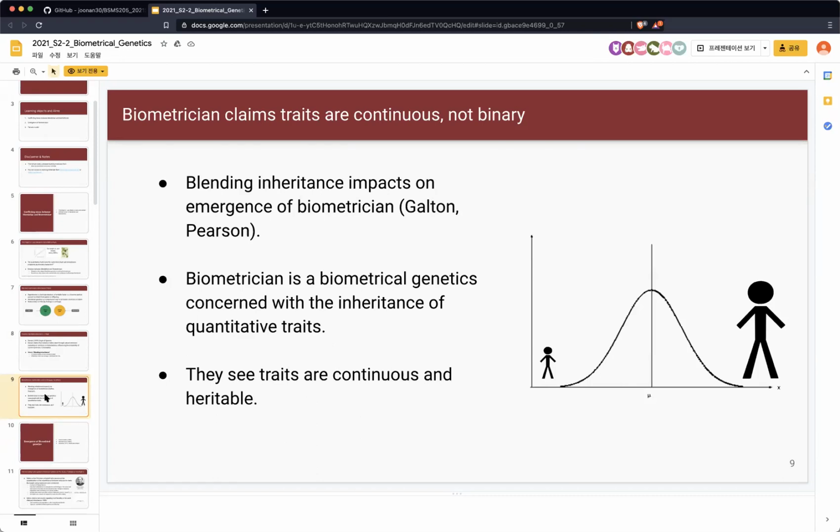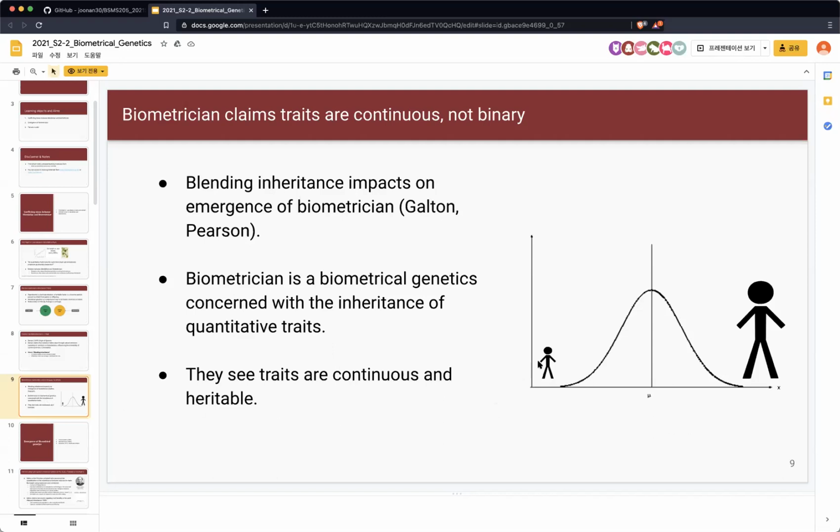Biometricians think that traits are continuous and not binary, which is basically the same notion as blending inheritance. So we can say that Charles Darwin's idea definitely influenced the emergence of biometricians like Francis Galton or Karl Pearson. As I mentioned, biometrical genetics is concerned with the inheritance of quantitative traits. And their view is that traits are continuous and heritable.